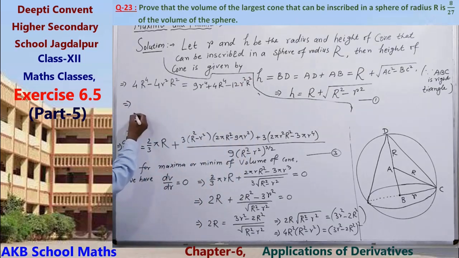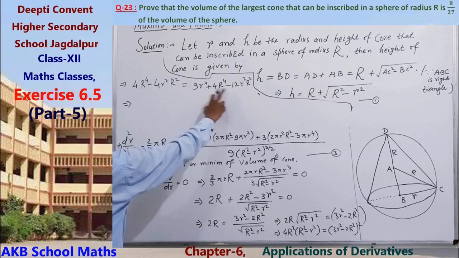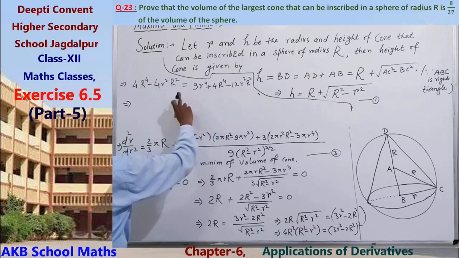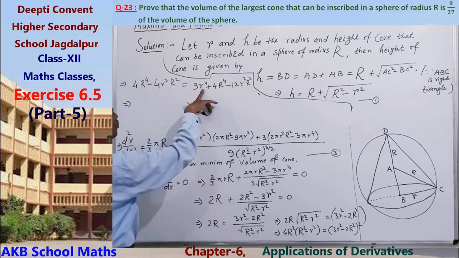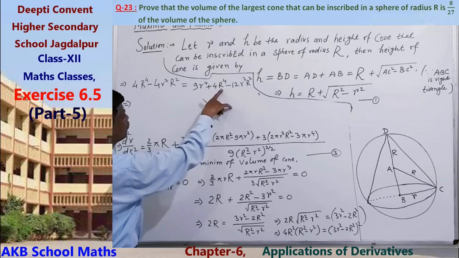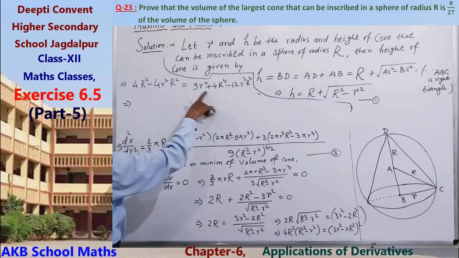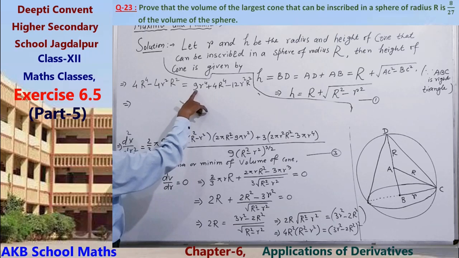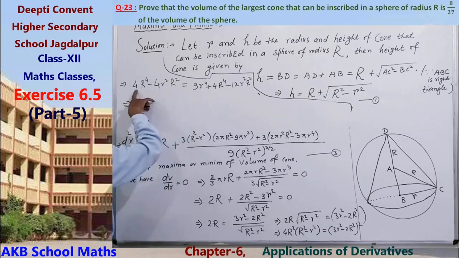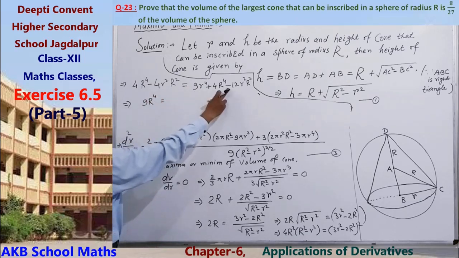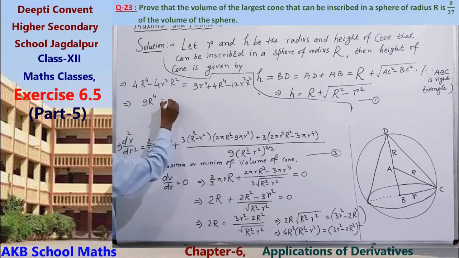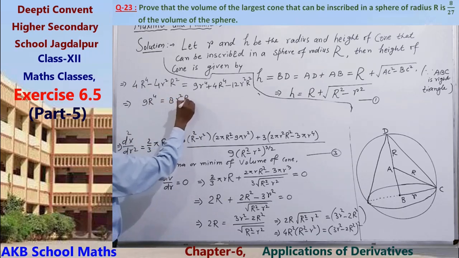From here we can see that 4r² minus 12r², and 9r⁴, that is 13 minus 4, 9r⁴ equals 8r².